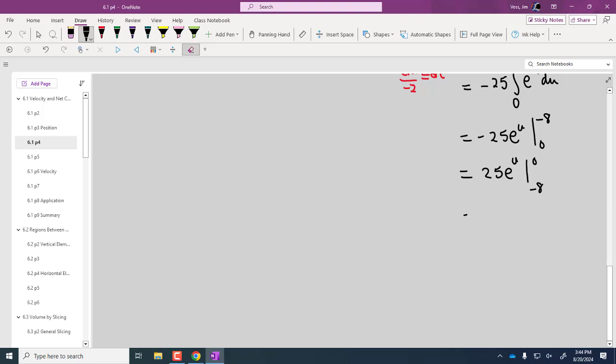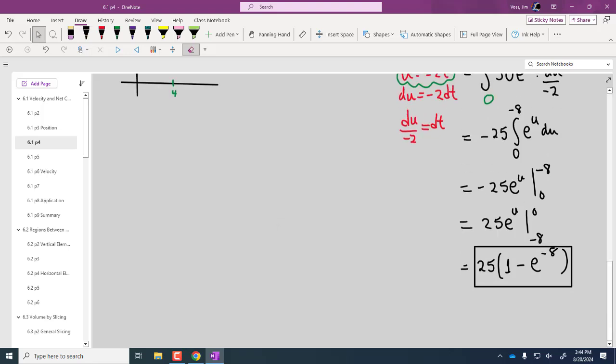Okay, so let's evaluate. So this is going to be 25 times e to the 0. E to the 0 is 1. So now we subtract. And then we have e to the negative 8. So there is our answer.